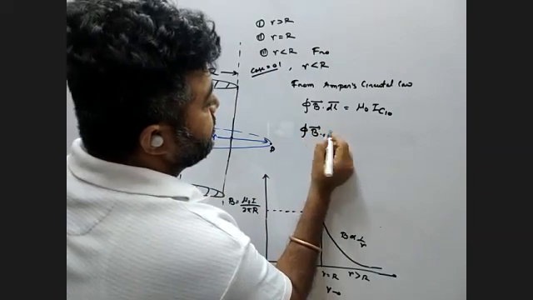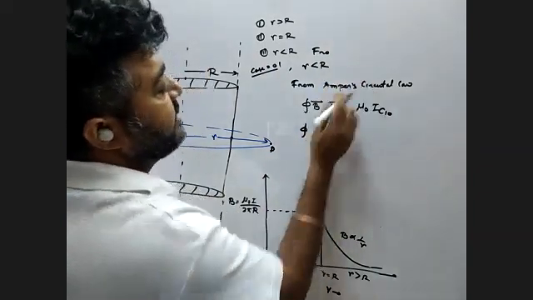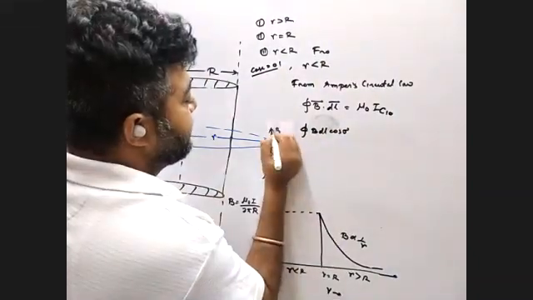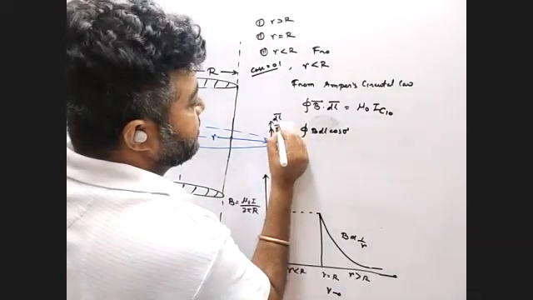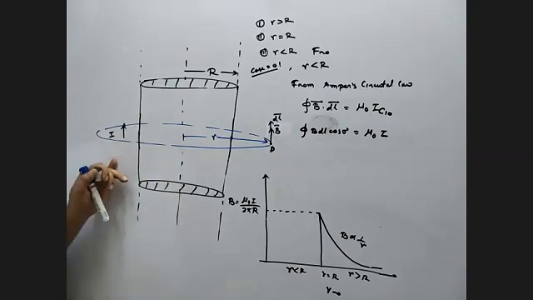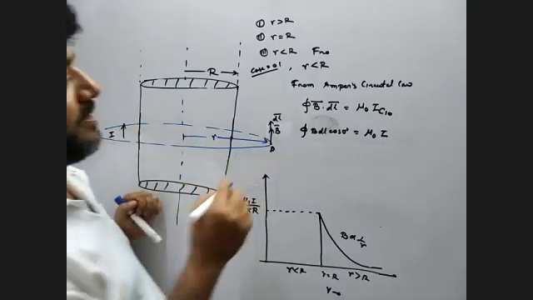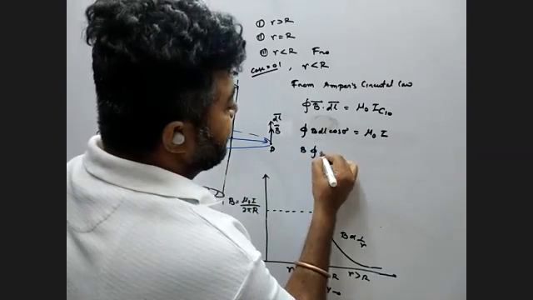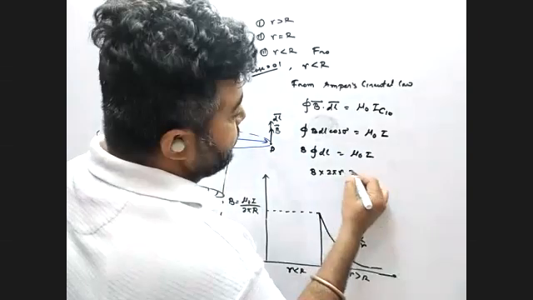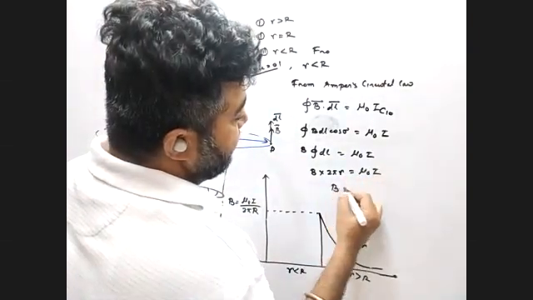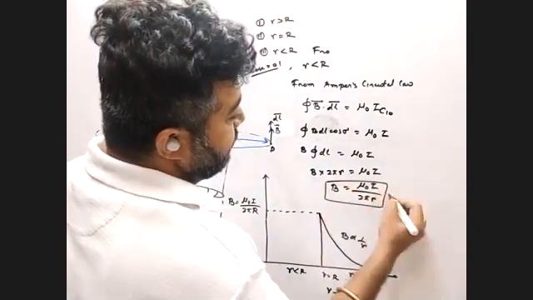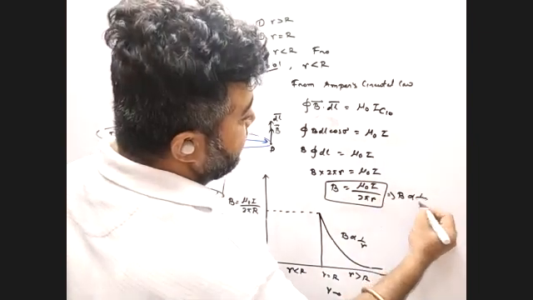B dot dl cos 0 degree, since the magnetic field and length vector are in the same direction, equals mu naught I. The total current flowing through this solid cylinder is I, so B into 2 pi r equals mu naught I. B is mu naught I by 2 pi r, which means B is inversely proportional to r.